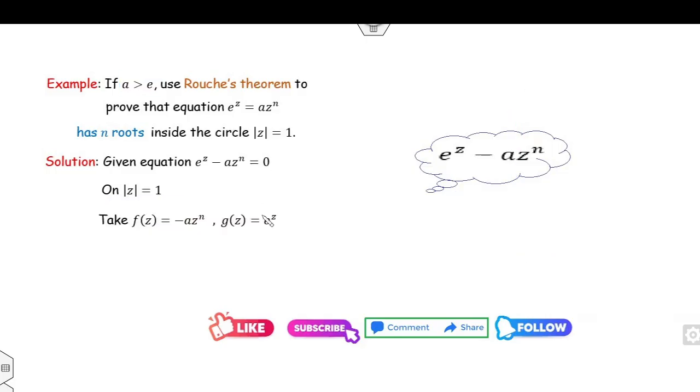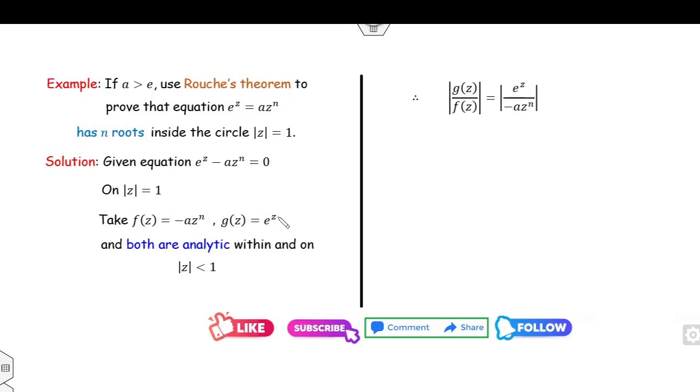Both are analytic functions, because this is a polynomial, and the exponential function is always analytic. Now you can start with the ratio. How can you write that? This is e raised to power z divided by a z raised to power n. On the circle it is e raised to power 1, so e over a, and the value of e over a is less than 1.